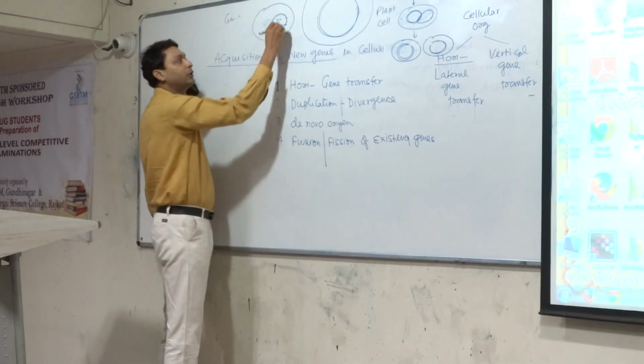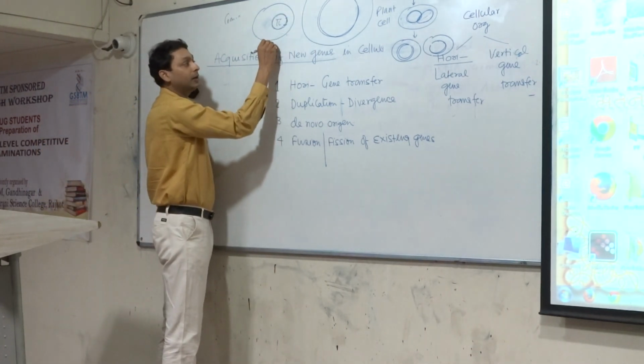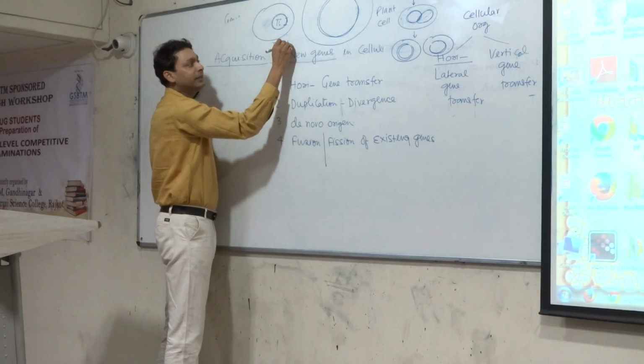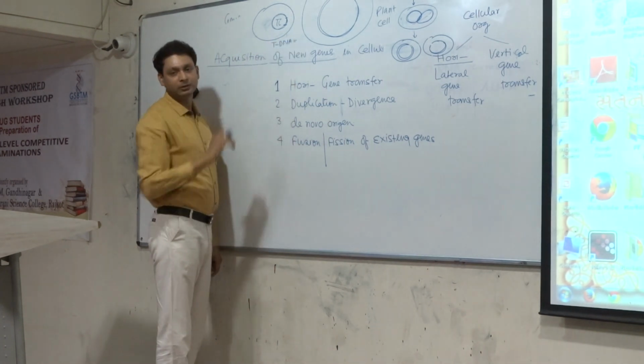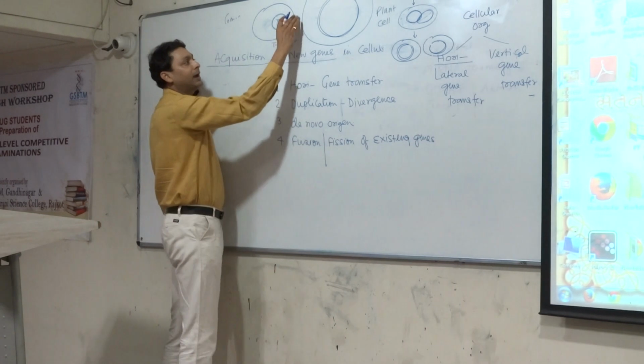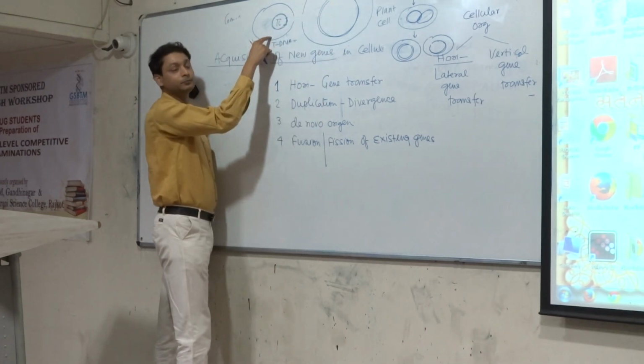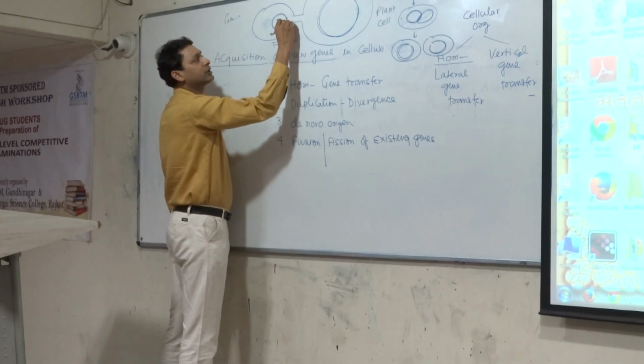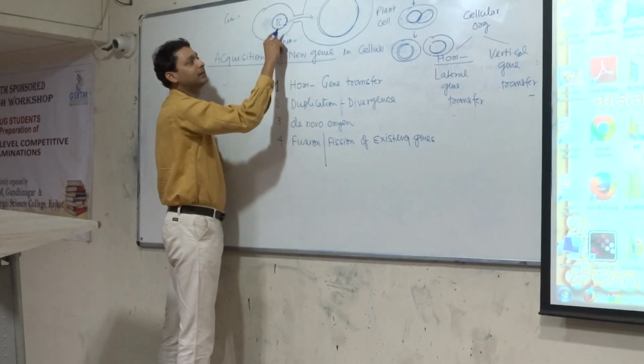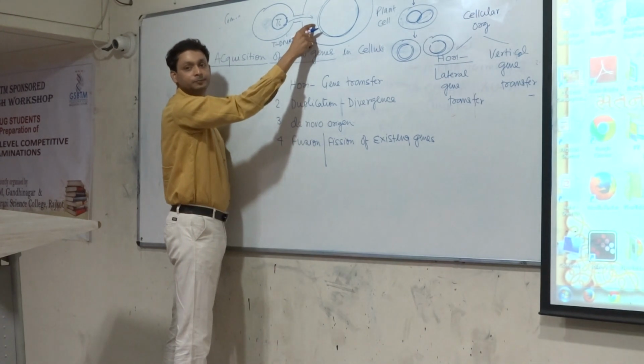Now this Ti plasmid contains the T-DNA, and the T-DNA contains different types of genes. At the time of conjugation between the plant cell and this bacterial cell, the T-DNA is transferred from the bacterial cell to the eukaryotic cell.